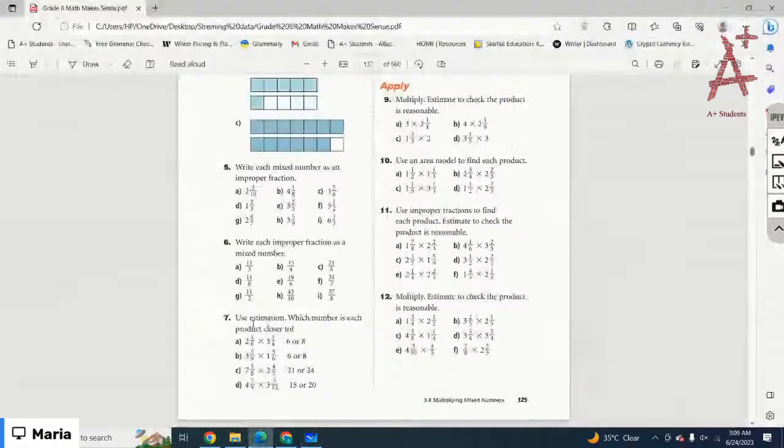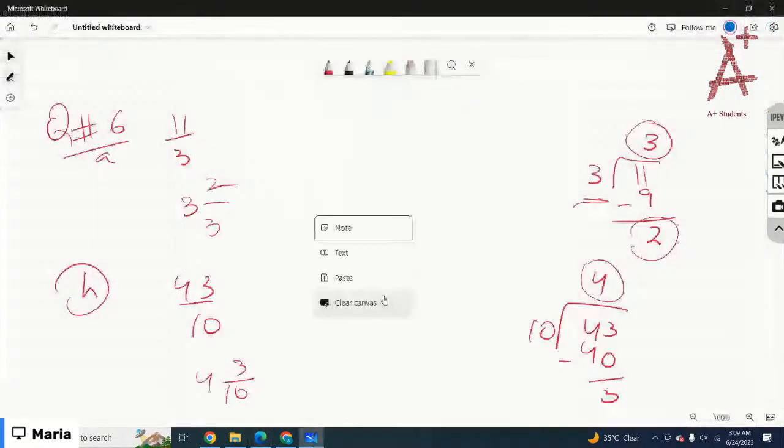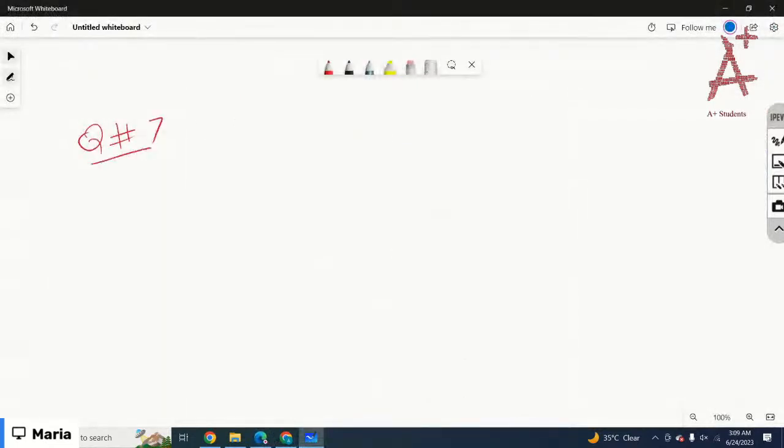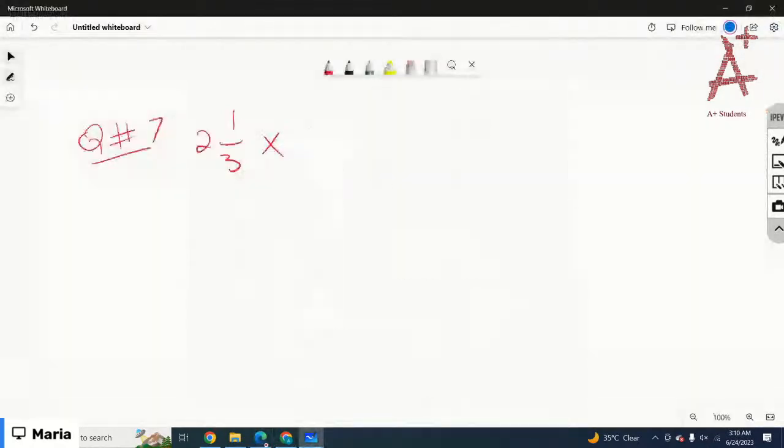Let's look at question number 8. Use estimation. Which number is each product closer to? Question 7a, 2 whole 1 over 8 times 3 whole 3 over 4.